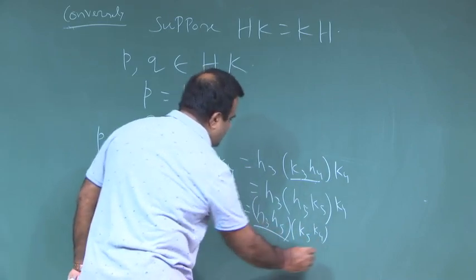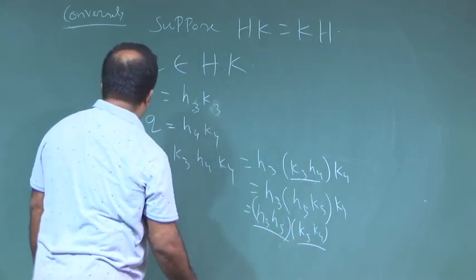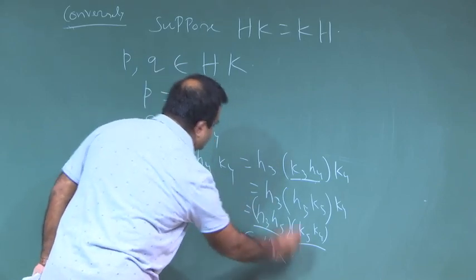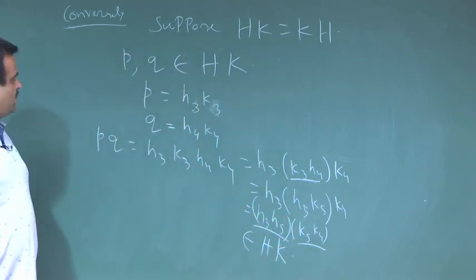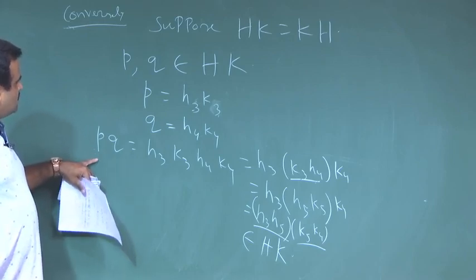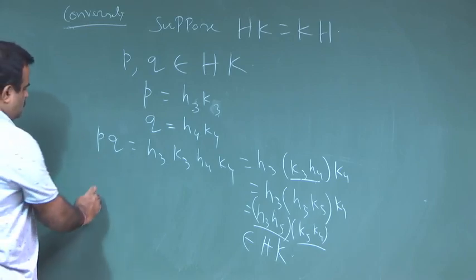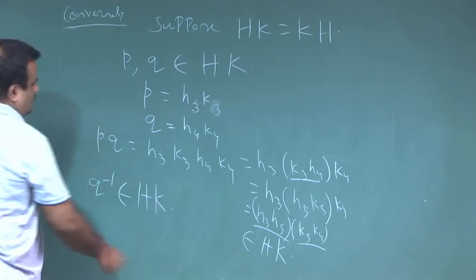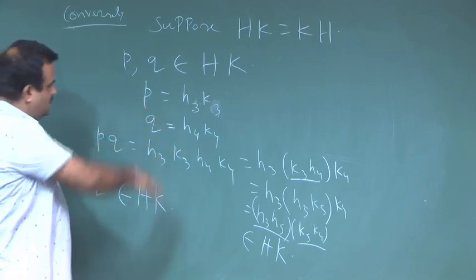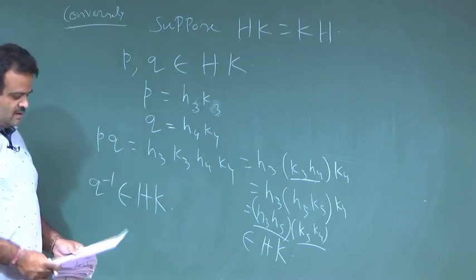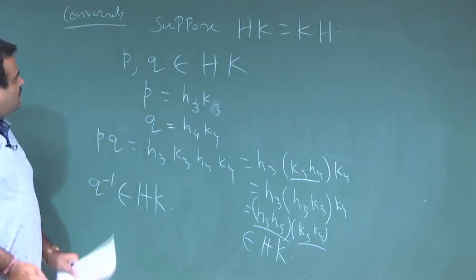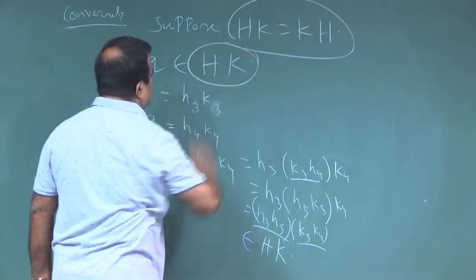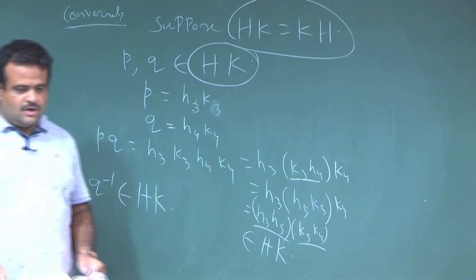So, this is another h, this is another k. So, this belongs to HK. Okay. This is the first part, and for the second part we have to show that q inverse also belongs to HK. So, by taking this type of term you can easily verify that. Okay. So, this is the necessary and sufficient condition for HK to be a subgroup of G.